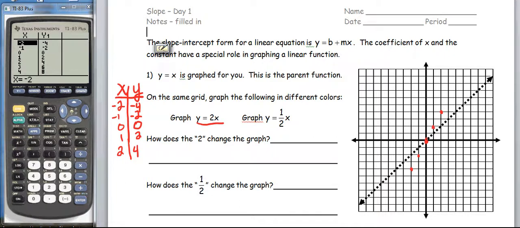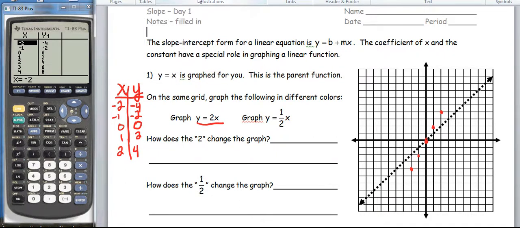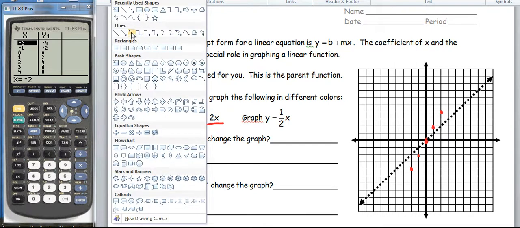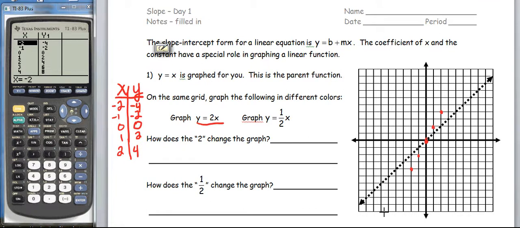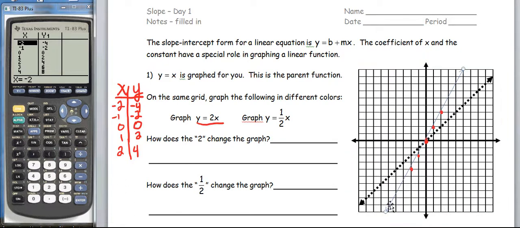So what we need to do at this point is go ahead and put in a line. So let me see if I can get us a nice line here. I'll draw this. And remember, when you're doing this at home, I'm going to try to fix this up just a little bit. It's a good thing about being on the computer.